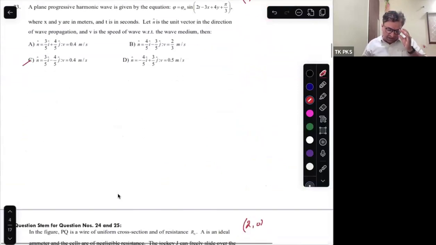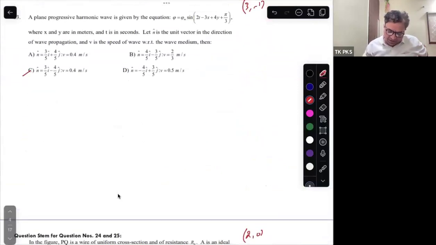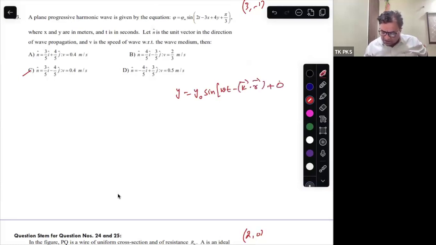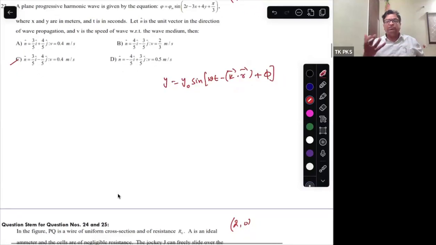A plane progressive harmonic wave is given by some equation so and so, fine. n cap is a unit vector in the direction of, okay, fine. General form is y naught times sin (omega t minus k bar dot r bar plus some angle phi). That is how the general form of a wave equation is.